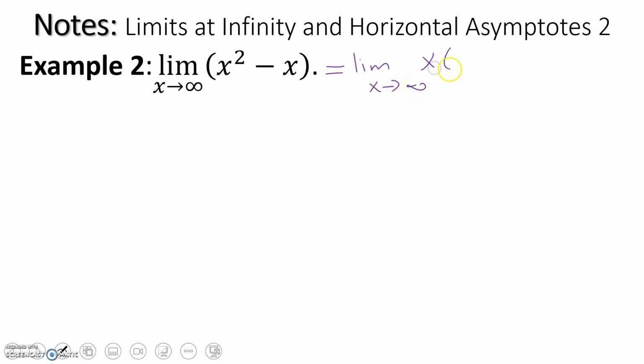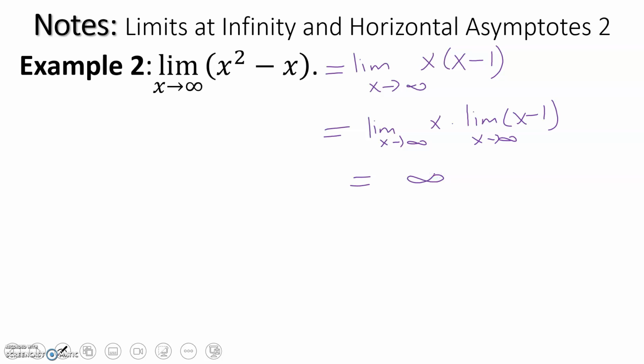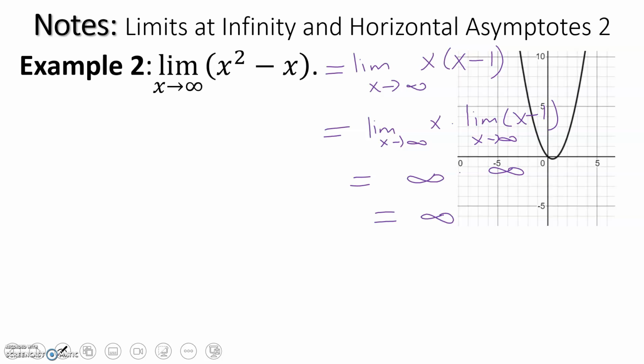So we're going to pull the x, factor it out, and then we're going to recognize that this is mathematically the limit as x approaches infinity of x times the limit of (x - 1) as x approaches infinity. This function goes to infinity as we go to infinity, and then this other function also does. And infinity times infinity is infinity. And we look at the graph, that is exactly what's happening.